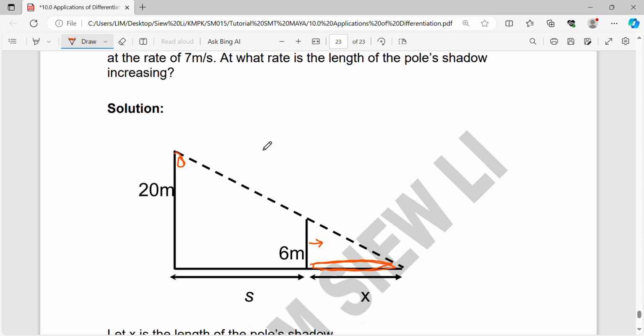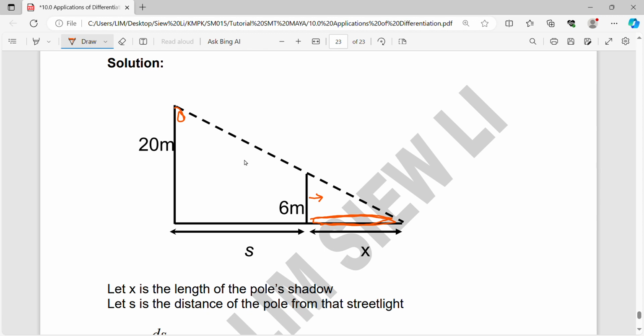First, we identify our variables and the situation here. Look, we have a triangle, and the changing variable here is the pole shadow. So x, we denote as the length of the pole shadow, and when we take this pole away, s is the distance between the pole and the straight line.